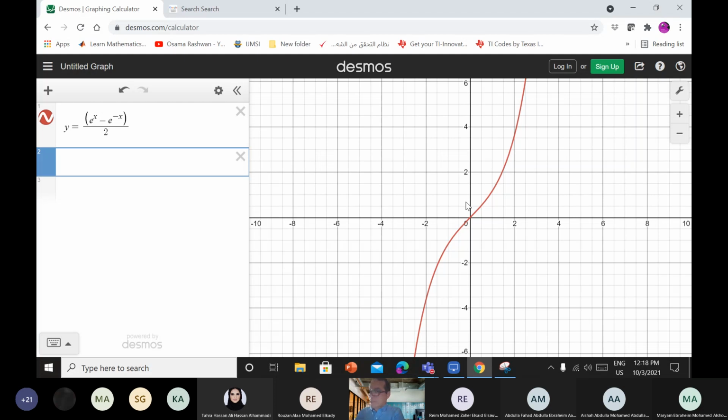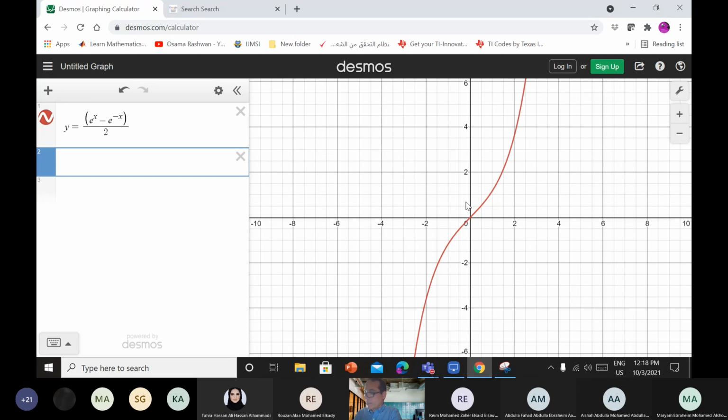What is an odd function? I know the odd function. It's the function f, when you replace x by minus x, you will have the same function with the opposite sign. Okay, so if you replace here x by minus x, what do you have?